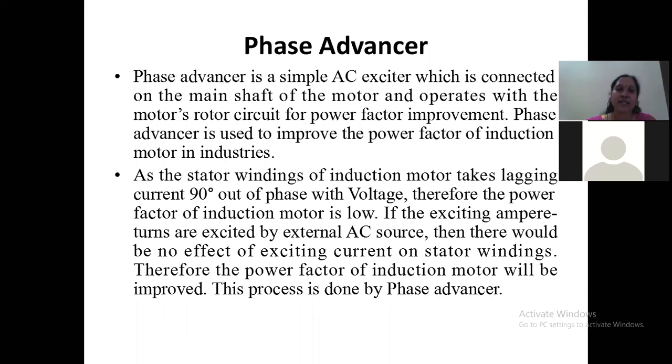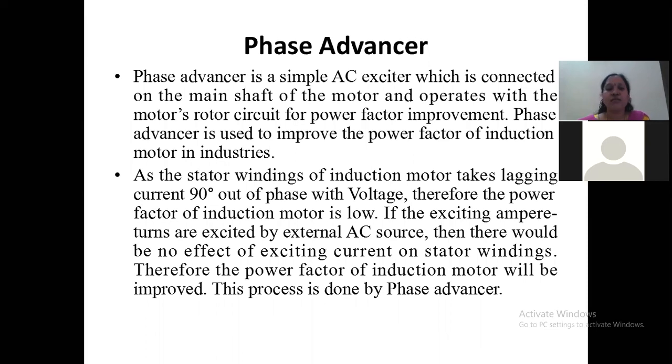So the phase advancer is used to improve the power factor of induction motor industries. As the stator windings of the induction motor take lagging current 90 degrees out of phase with the voltage, therefore the power factor of the induction motor is very low. See, the stator windings of the induction motor are highly inductive.